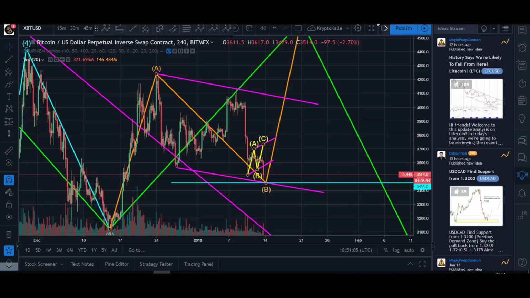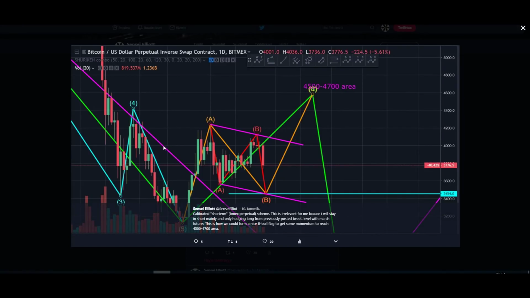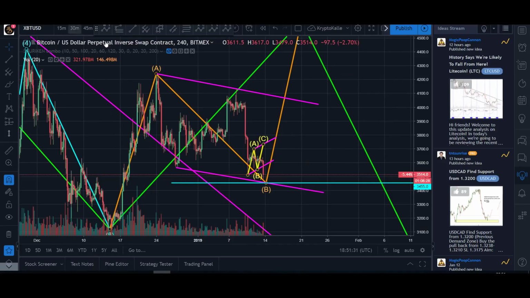Okay, so let's get to the point. I posted this on Twitter 2 days ago, and the target was 3,454 in BitMEX perpetual inverse swap contracts, and that's basically the same.